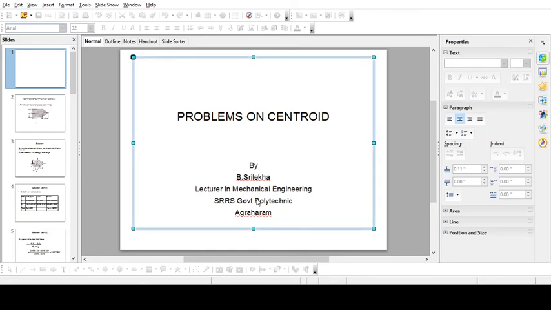Okay. Now let us divide this. Next one more is a triangle of length 50 and height is also 50.